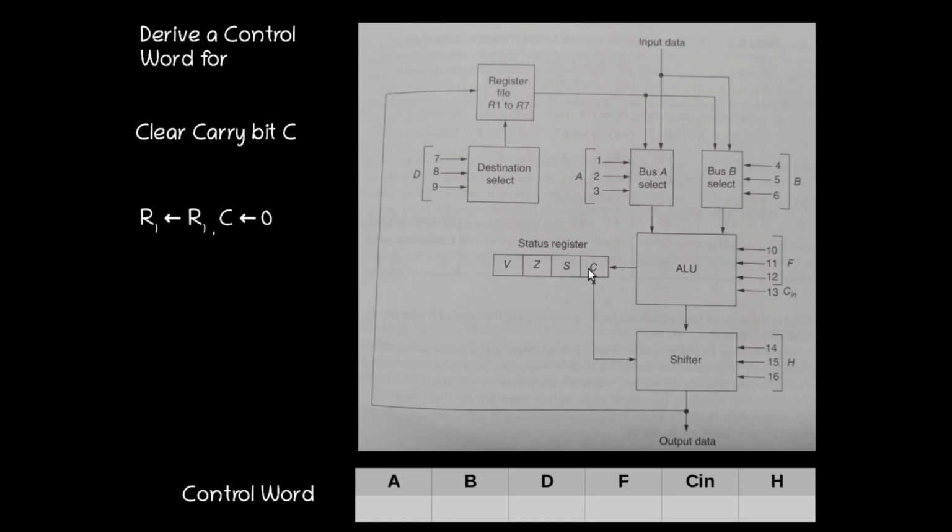This will be performed by using this statement: R1 gets R1, simply transfer R1 and then C is equal to 0. This can be achieved by using this micro operation, R1 gets R1 and C is equal to 0.